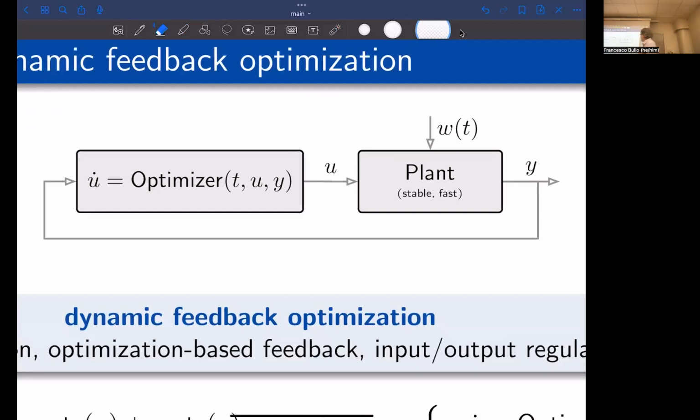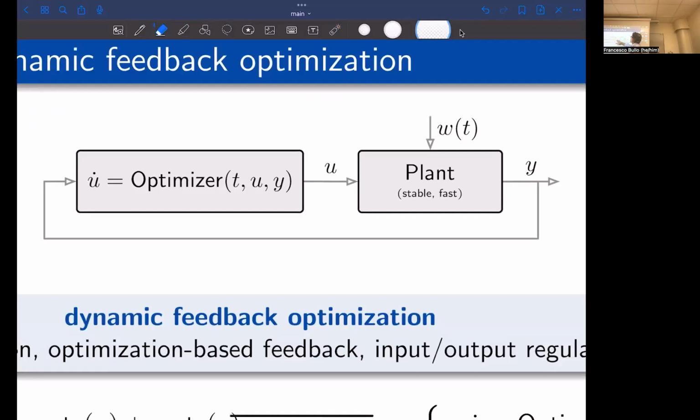At a fast time scale, your plant is stable. It's fast and stable, loosely speaking. So maybe you're regulating the set point of your chemical plants, and then the chemical plant itself is quickly converging to the new set point or something, right?